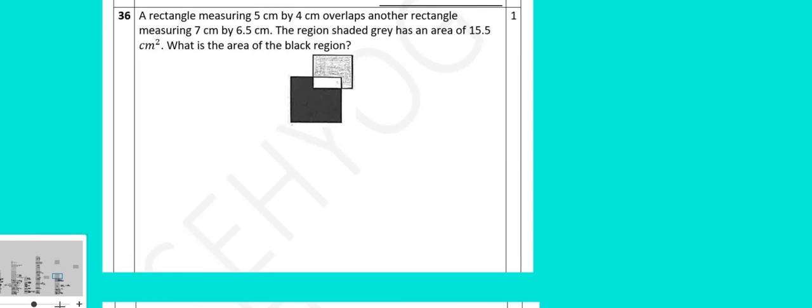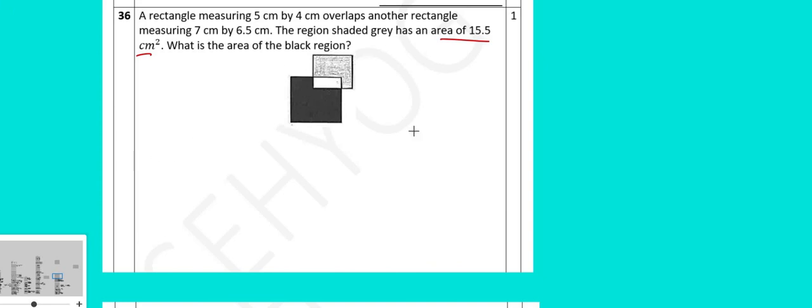The rectangle measuring 5 cm by 4 cm overlaps the other rectangle measuring 7 cm by 6.5 cm. The region shaded in grey has an area of 15.5 cm square. What is the area of the black region?